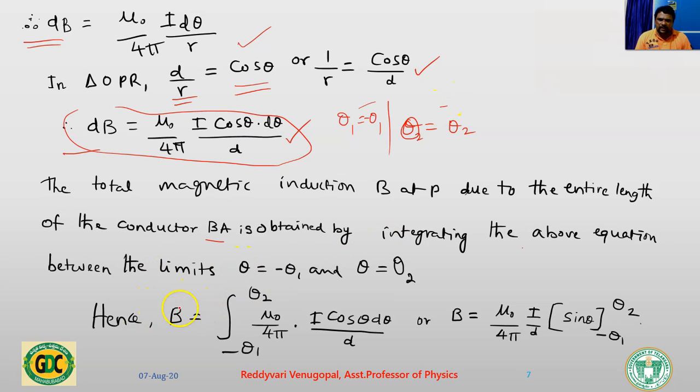So B is equal to the integral from minus theta 1 to theta 2 of mu naught by 4 pi I cos theta d theta divided by d. I is constant and d is constant, so we take them out, and we integrate cos theta d theta, that is nothing but sin theta. So B is equal to mu naught by 4 pi I by d sin theta from minus theta 1 to theta 2.